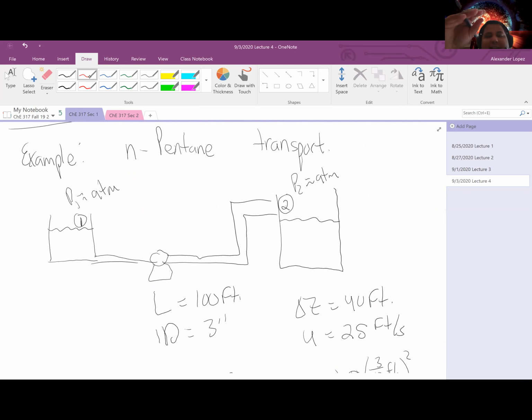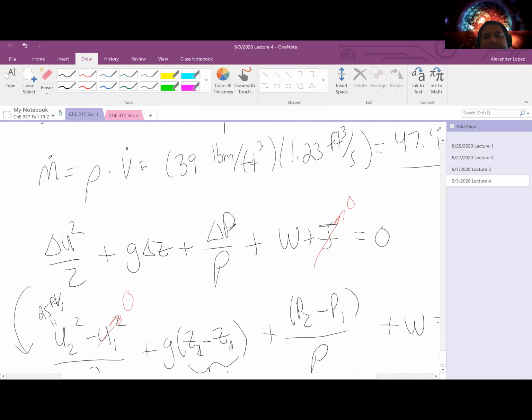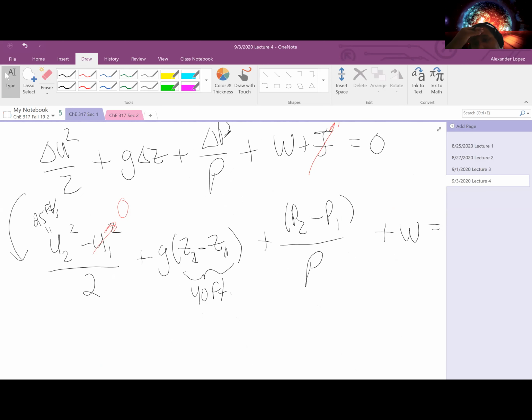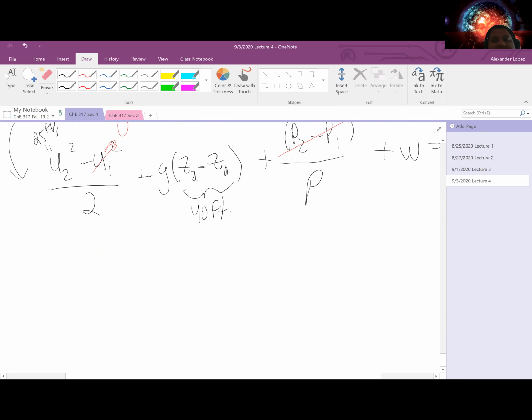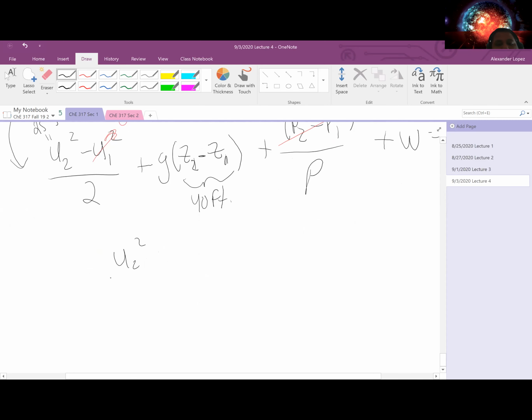So if I can assume that they're non-pressurized, this value goes to 0 as well, and I don't have to worry about what those pressures actually are in this sense. And so what I'm left with now is u2 squared over 2 plus g delta z, and I'm going to put a delta z because it's already given as a single term, plus work equals 0.